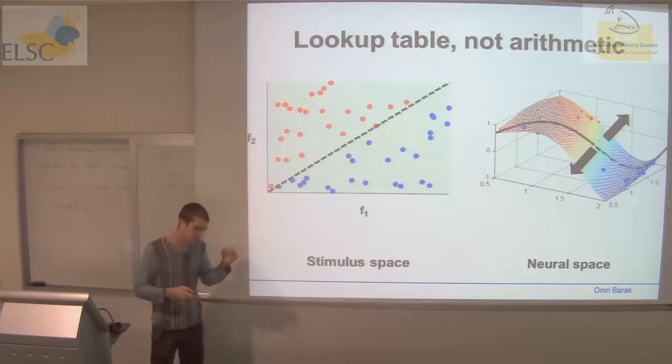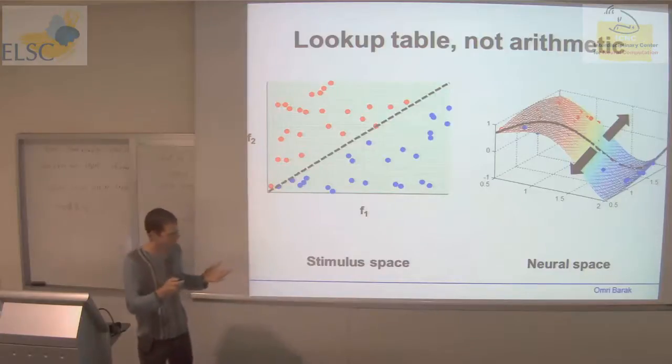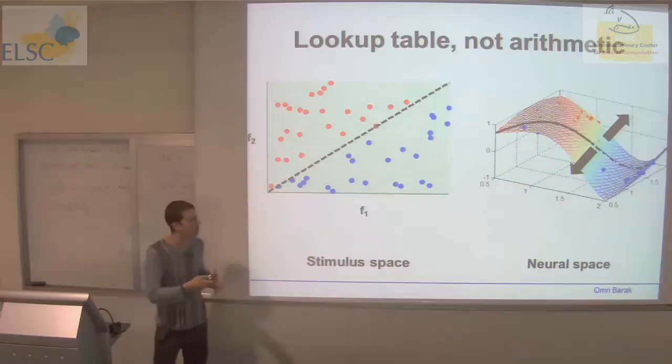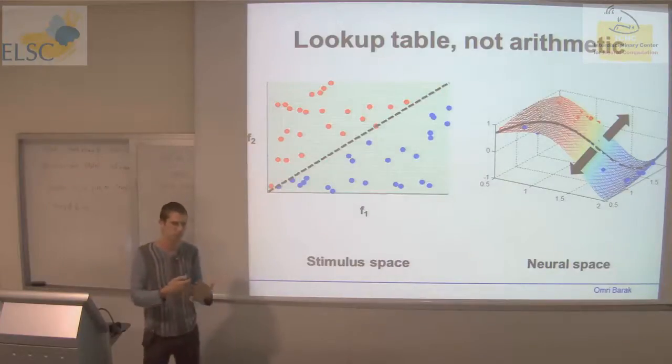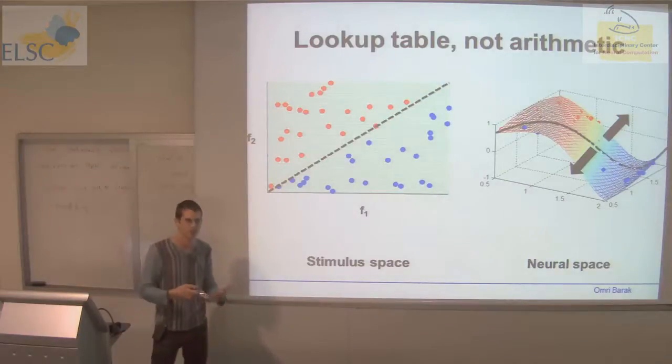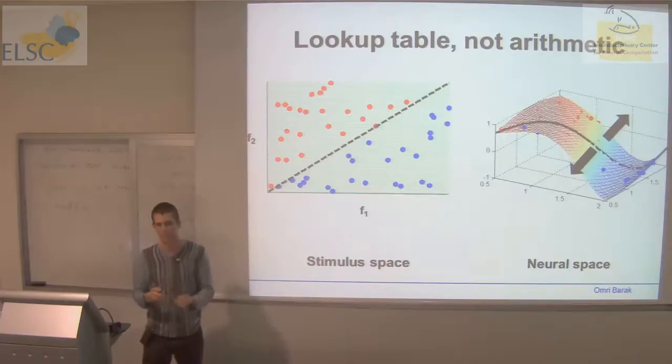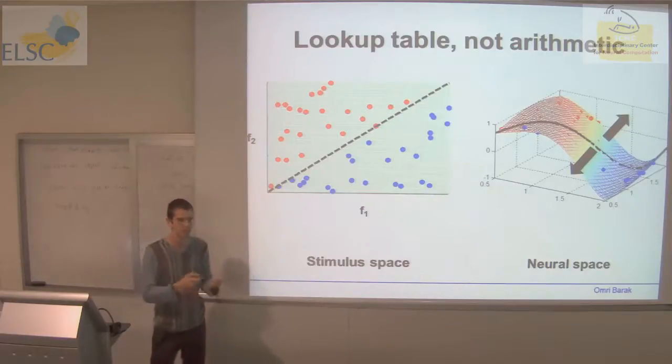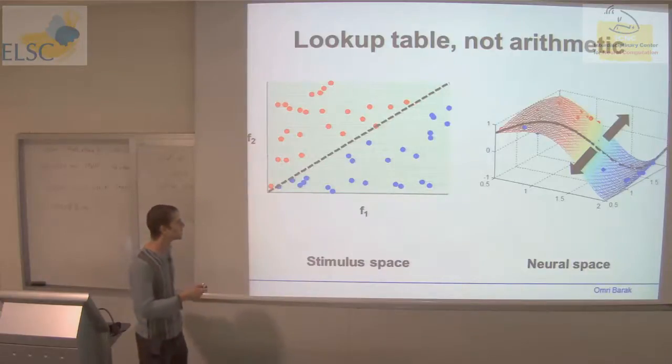And then the way the system solves this problem is actually not by doing math, but by consulting, let's say, a lookup table. So the network doesn't say 7 minus 3 equals 4, but it just says 7, 3, yes; 2, 5, no. And what the network has to do is basically draw this line between the positive and negative examples, which corresponds to drawing a line in the neural space.